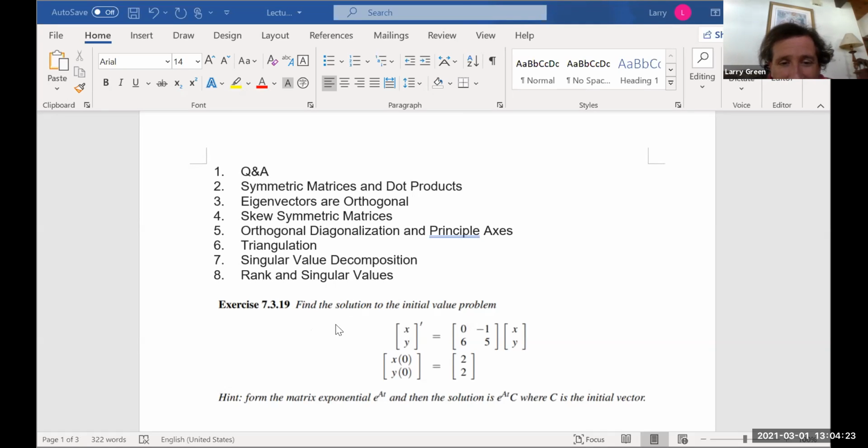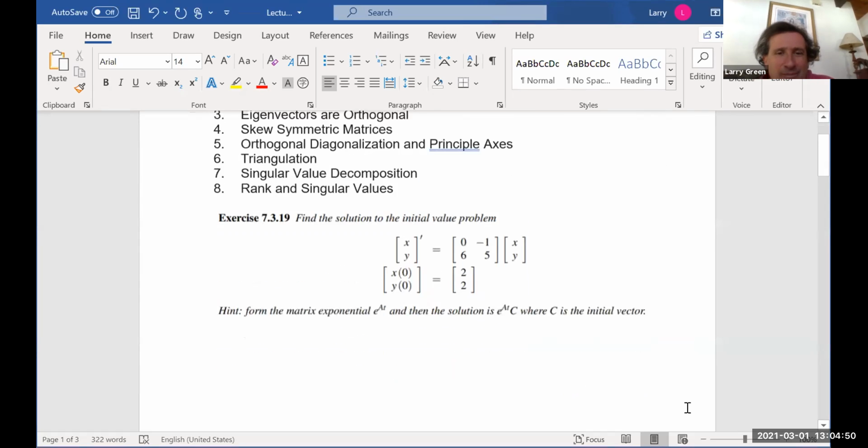So we want to find the solution to the initial value problem: x prime equals the matrix [0, -1; 6, 5] times x. The hint is, form the matrix exponential e to the At, and then the solution is e to the At times c, where c is the initial vector.